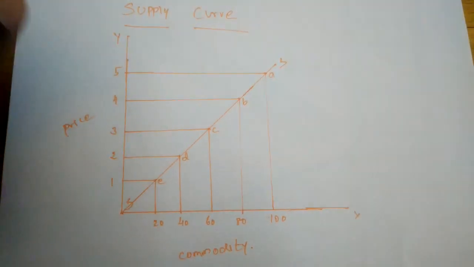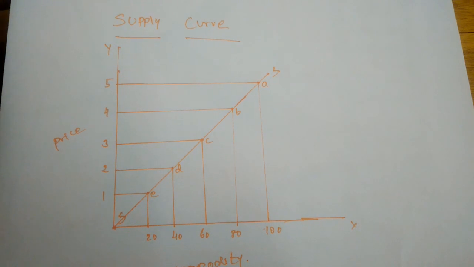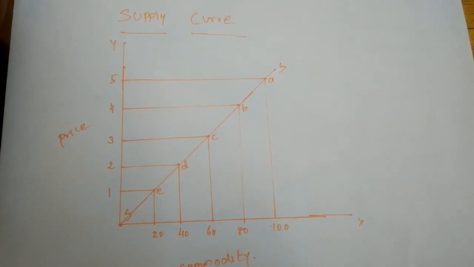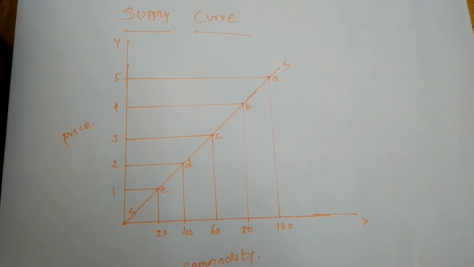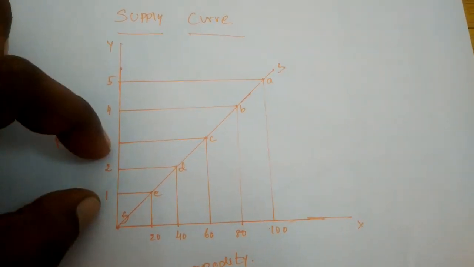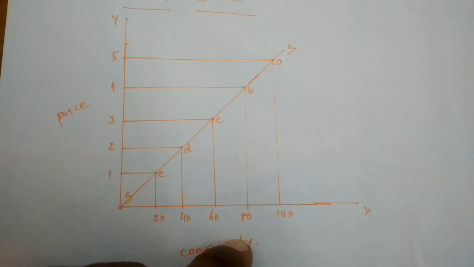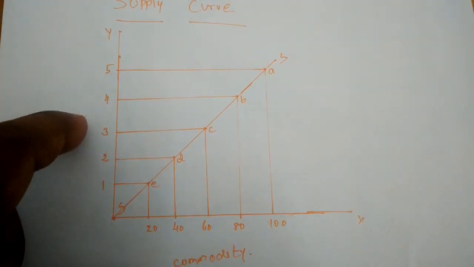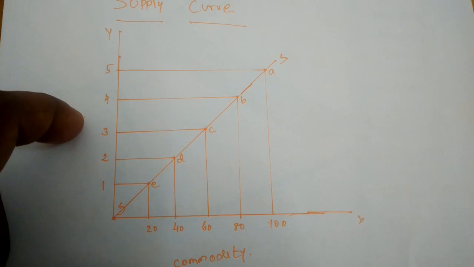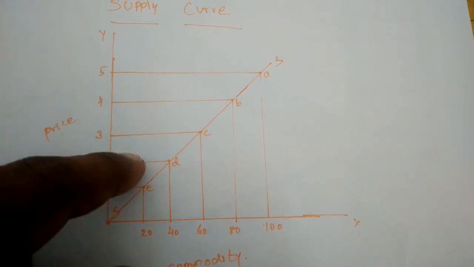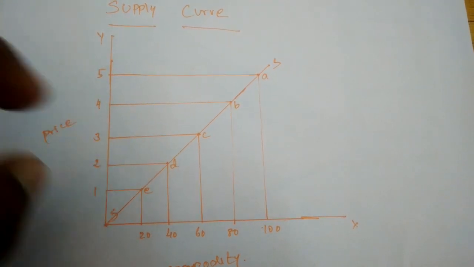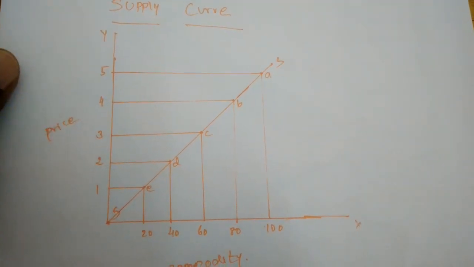So the supply curve will be moving upwards from left to right. The quantity supplied of commodity X is represented on the x-axis, and the price of the commodity is represented on the y-axis. The points such as A, D, E, B, C on the supply curve SS represent various quantities at their different prices.